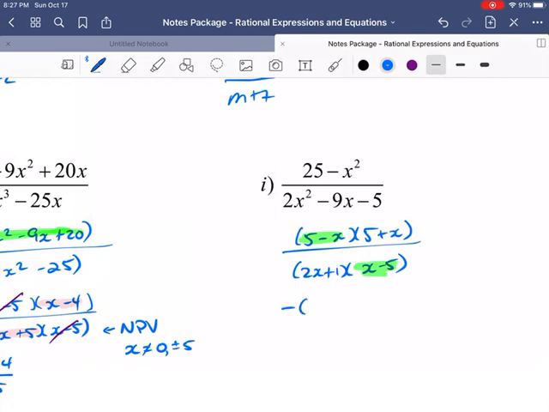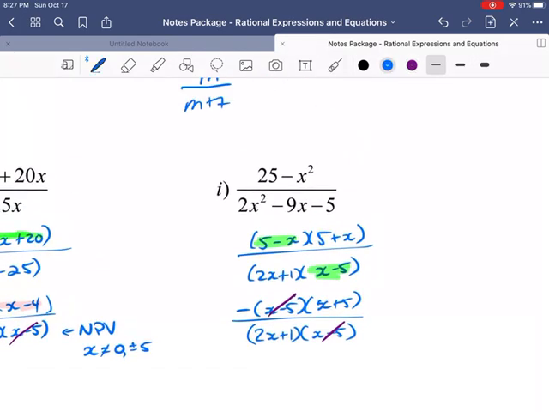So this becomes x minus 5 and 5 plus x, or x plus 5, whichever order you want to write it in. And the denominator is still 2x plus 1 and x minus 5. So now those will simplify. So you're going to be left with negative over 2x plus 1. And your non-permissible values, you have to do at this stage. So x cannot equal negative half or positive 5.